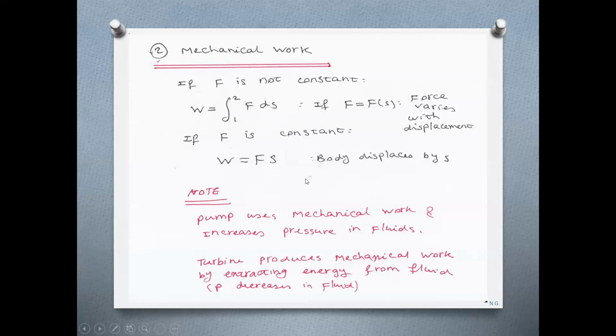And so we know that a pump uses mechanical work, all right? Because there is a motor, and the motor uses electricity as input, and the output of the motor is shaft work, which is mechanical work, and that goes as input to the pump.